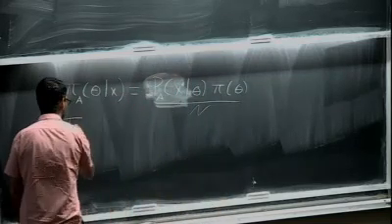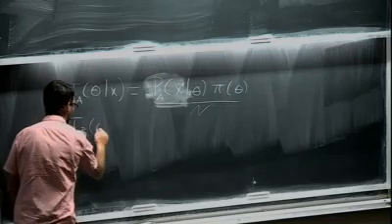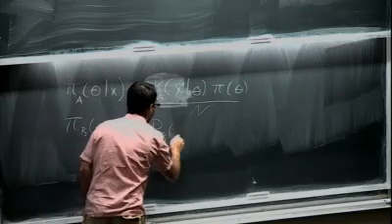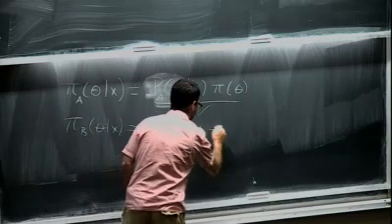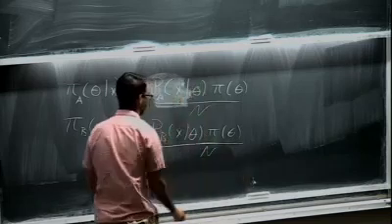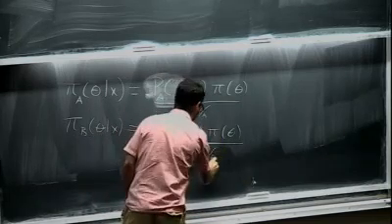And then there's the same thing for Bob: P_Bob of x given theta, times the prior of theta, over some different normalization. Normalization Alice, normalization Bob.